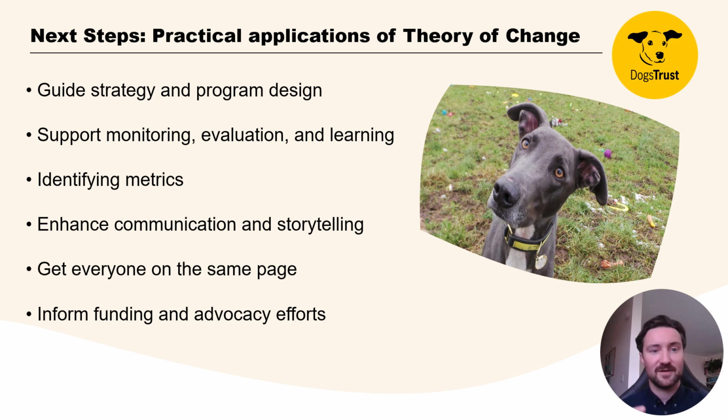You can strengthen internal alignment, as I alluded to, ensuring staff, volunteers, and stakeholders share a unified vision and direction. You can inform funding and advocacy efforts, using your theory of change to build a compelling, evidence-based proposal to influence both fundraising efforts, but also policy at a greater scale to allow for greater impact.